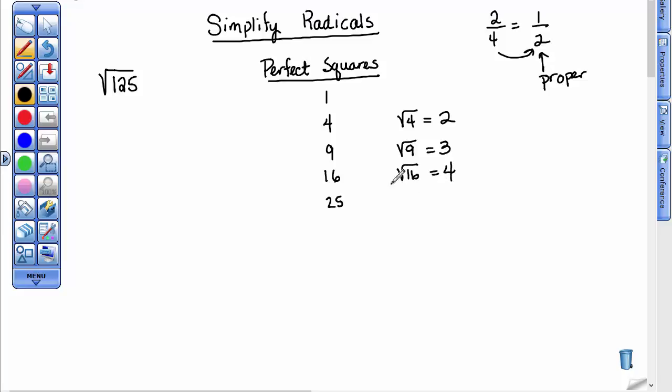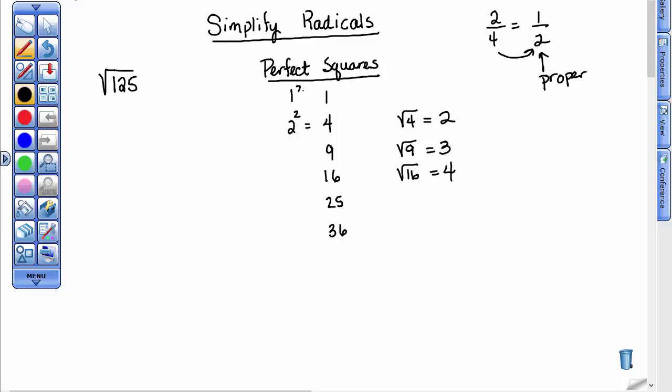And remember that the way I can come up with these, in case I don't know what the next value is, which is 36, is I can think of the answer 2 and square it, and that will give me the perfect square of 4. And therefore, the square root of 4 is 2, because 2 times itself gives us 4.